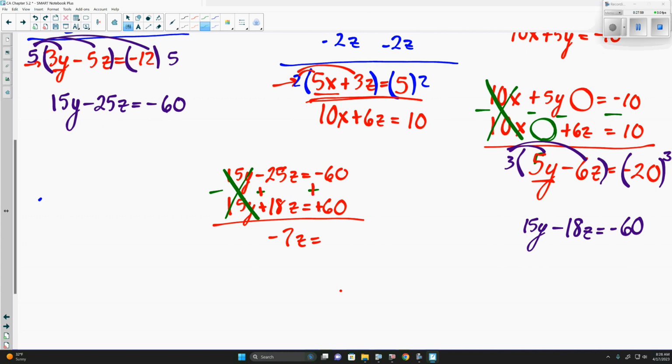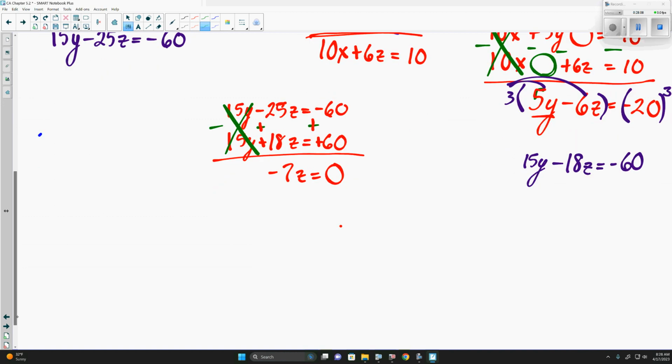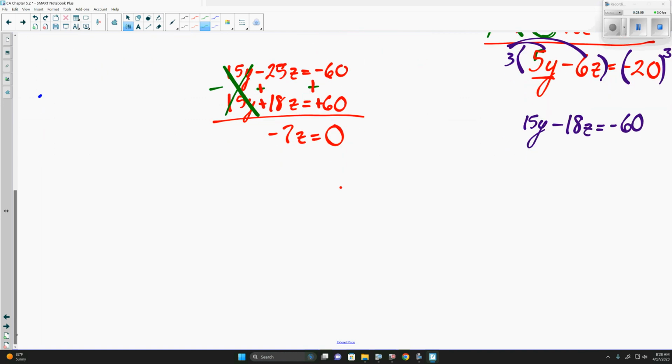Well, negative and negative makes a plus, so negative 60 plus 60 is 0. And this seems like it's an issue, but it's really not. Z is 0.